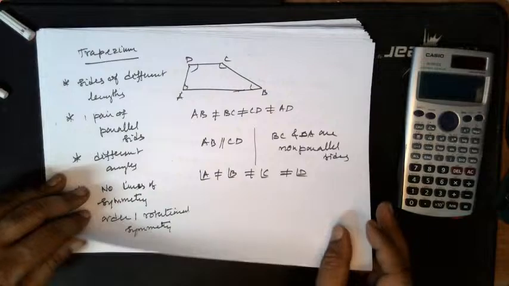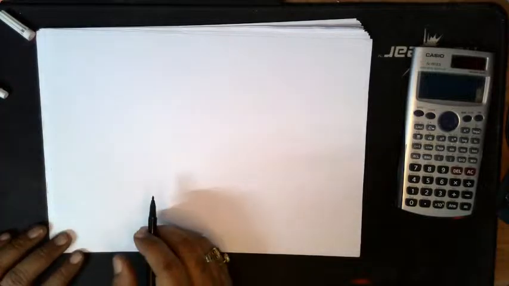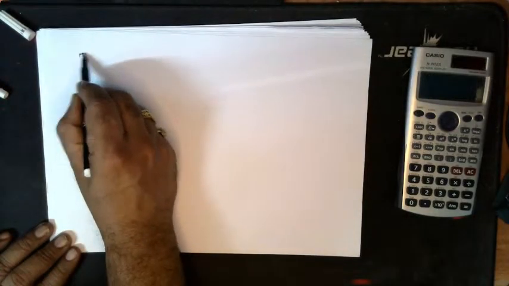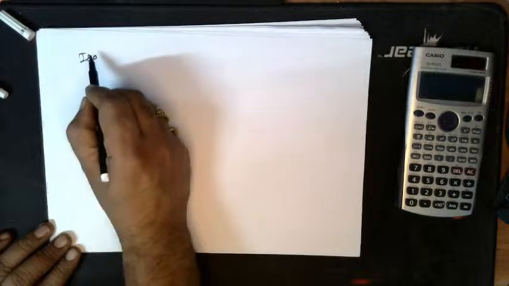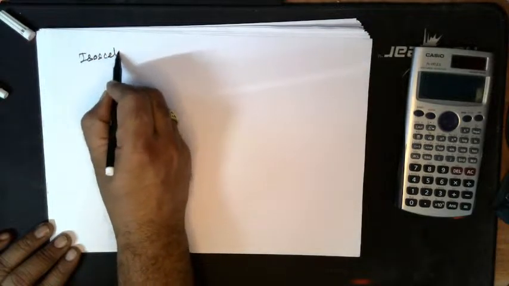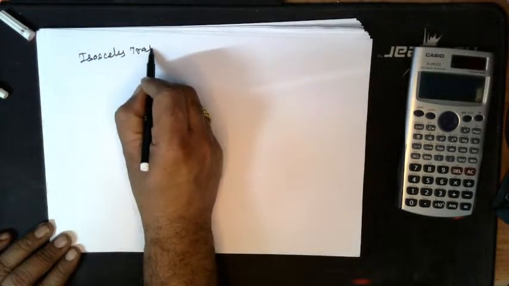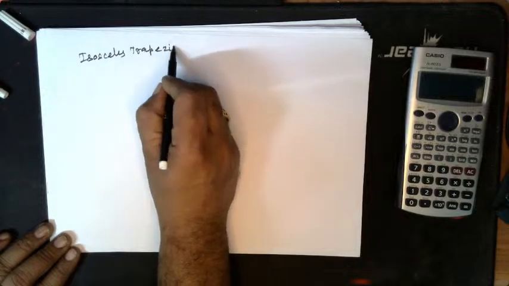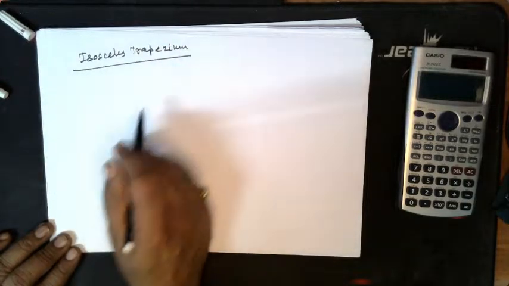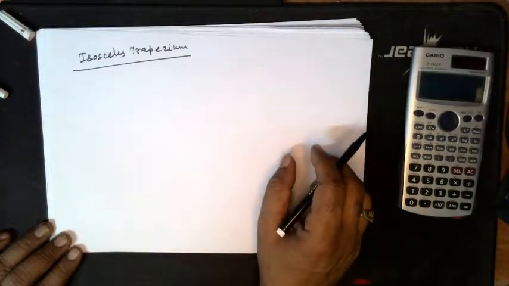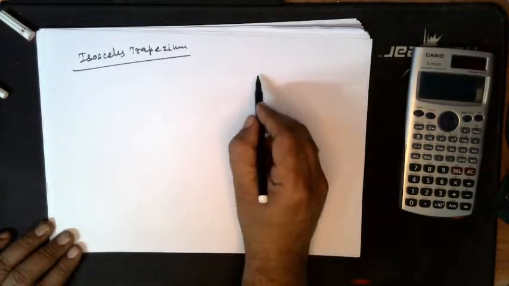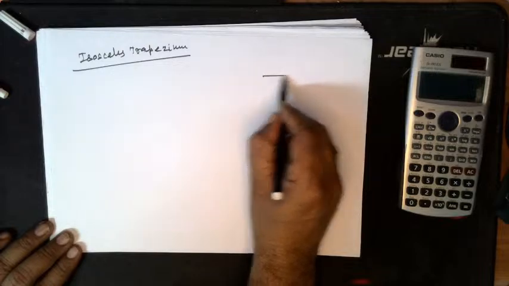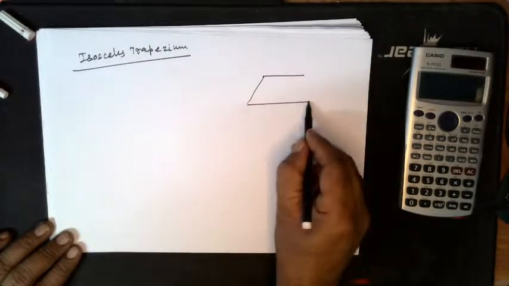Now let us discuss the last one. Isosceles trapezium. Iso means same, celes means sides. So two sides are equal here. It means you have two opposite sides equal.